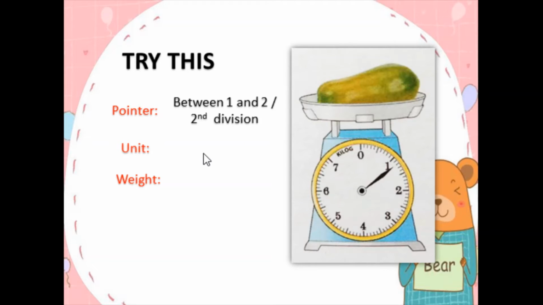So the unit we're going to use is the papaya, heavy or light? It is heavy, so we're going to use kilograms and grams still. Now, what is the weight of the papaya? Very good. It's 1 kilogram and 200 grams.